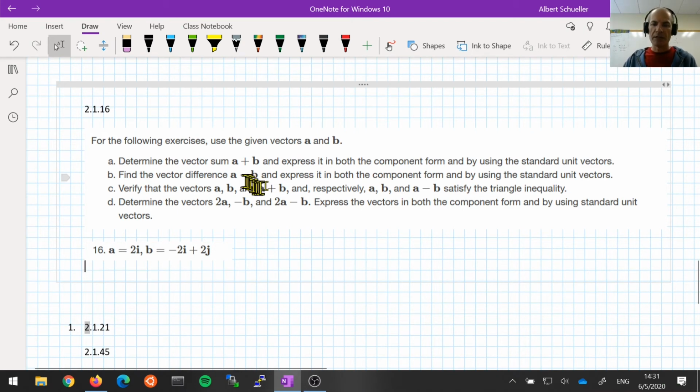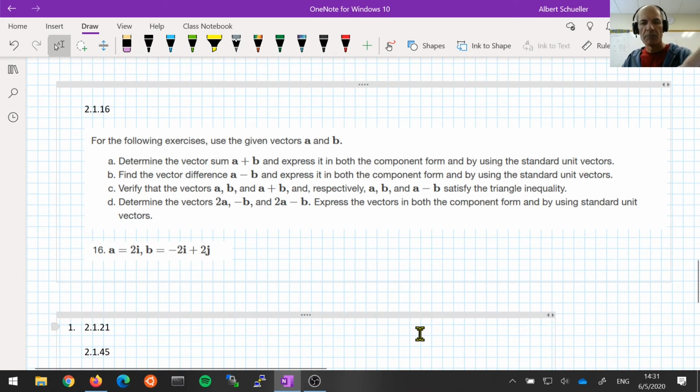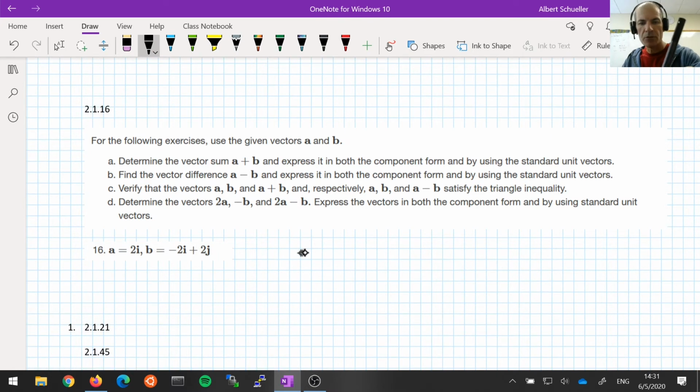So determine the vector sum and express it in both the component form and by using the standard unit vectors. All right. In component form, first let's write A as a component form. So that's 2i, 0j, and B is just negative 2 in the x slot and 2 in the y slot.